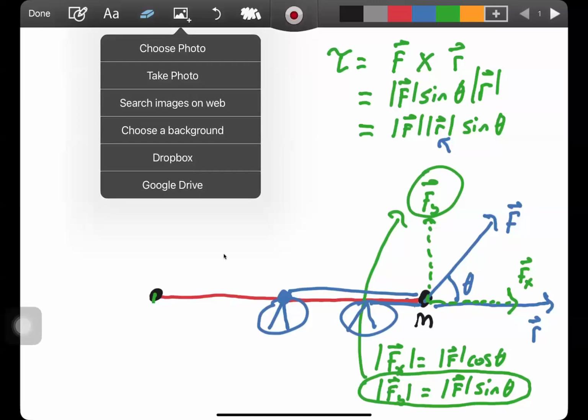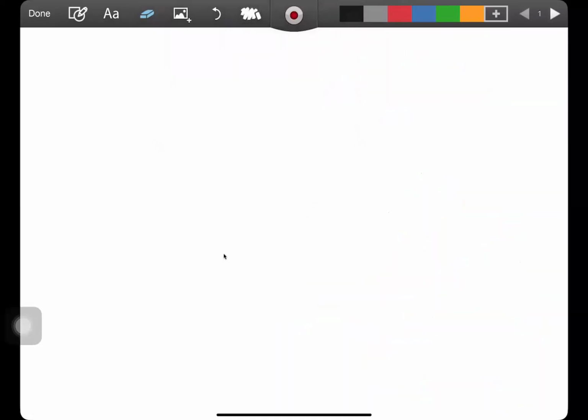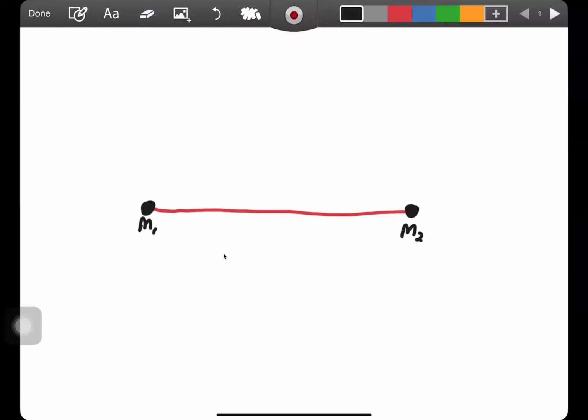So let's go back to our teeter-totter. You have M1 and M2. And again, let's put the fulcrum towards the center.